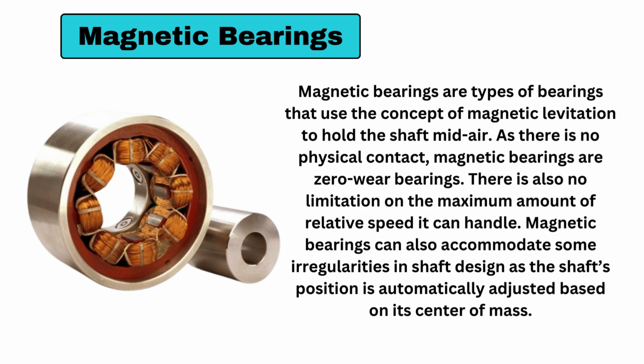The next bearing is the magnetic bearing. This is a special type of bearing which uses the concept of magnetic levitation, and this bearing holds the shaft in the air. There is no actual contact between the bearing and the shaft. Here there is no wear and no friction, so we can achieve maximum speed with the help of this magnetic bearing.